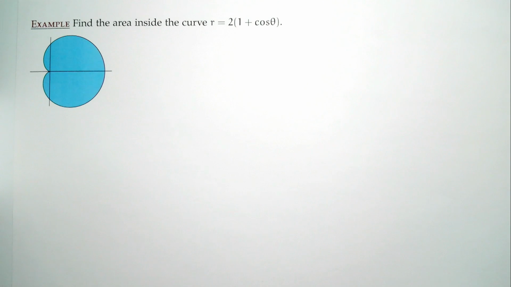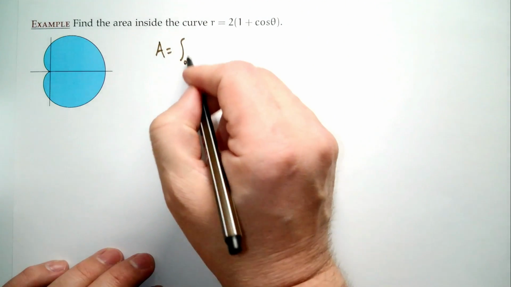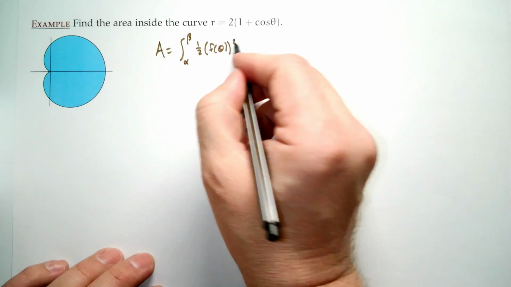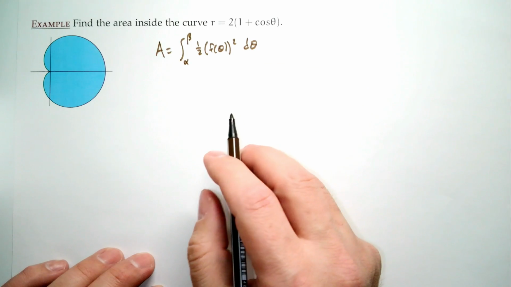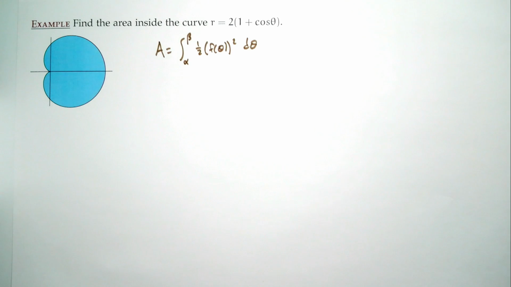All right. Well, what can we do? Well, our general formula is that the area is equal to the integral from alpha to beta of 1/2 our function of theta squared d theta. So let's start to talk about alpha and beta. What should we choose for alpha and beta?